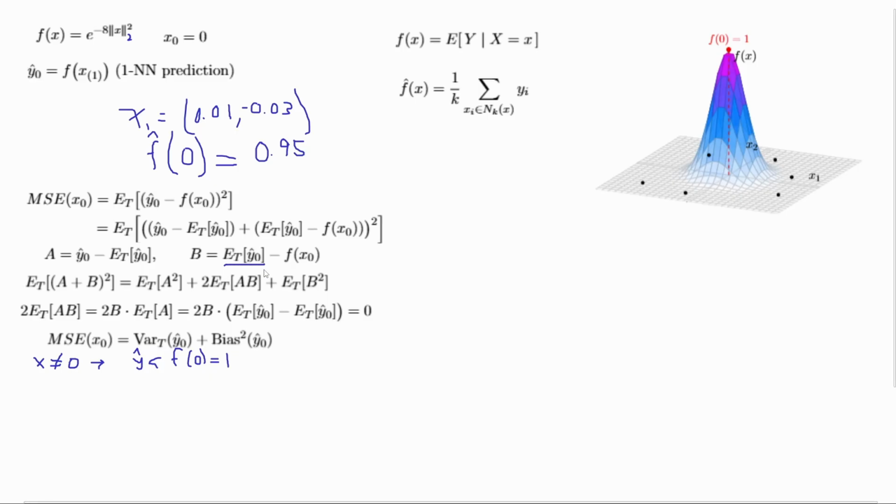Our expected value of y, our prediction, is less than 1. Always going to be less than 1, at least on average. So it's going to be biased downward. Now in low dimensions with decently sized n, as shown here, the nearest neighbor really does land near the origin. So bias and variance stay small.